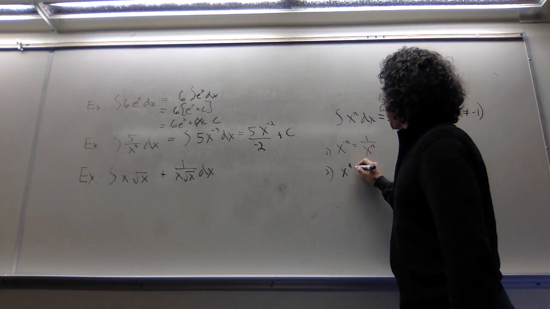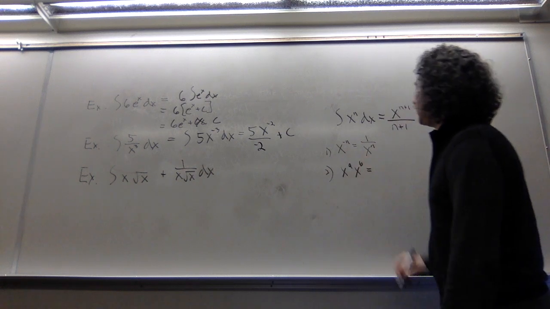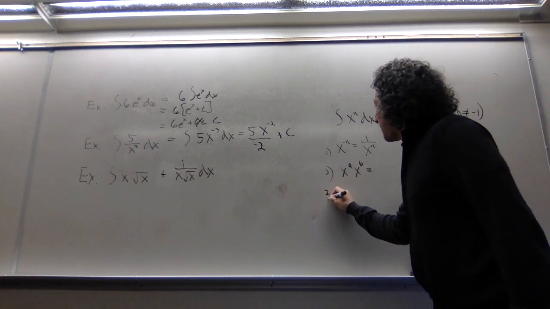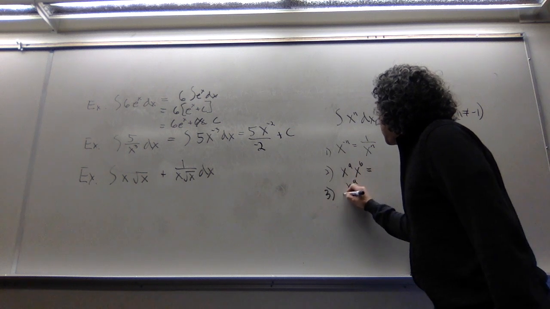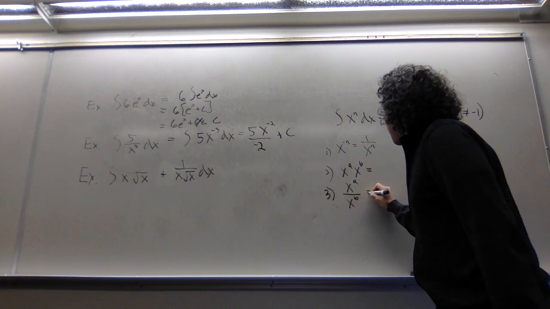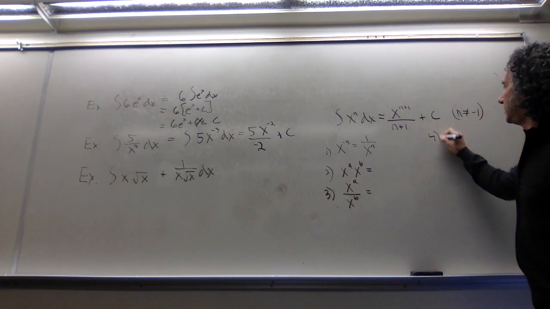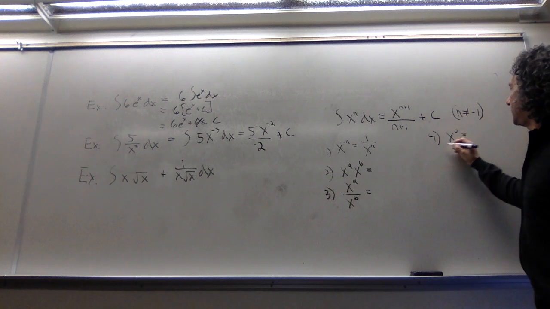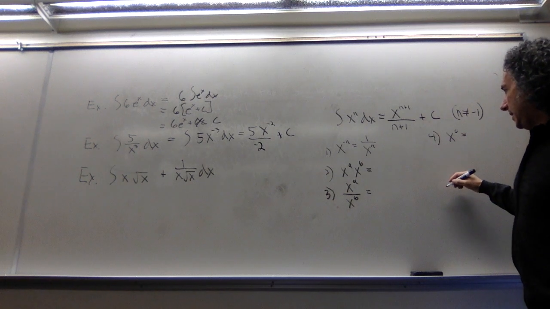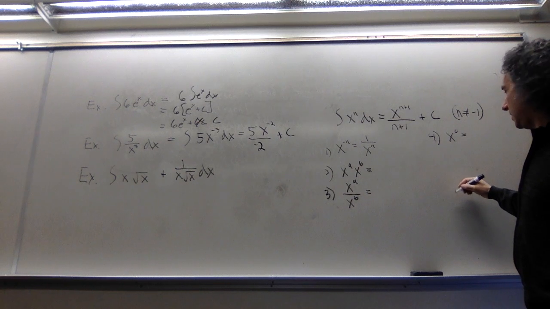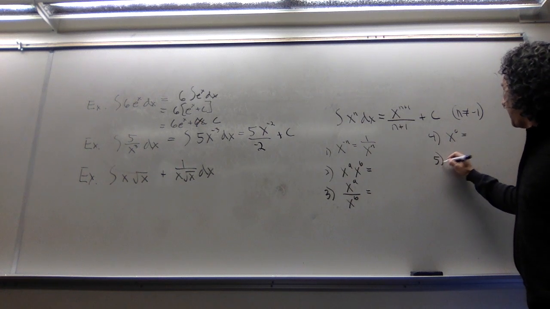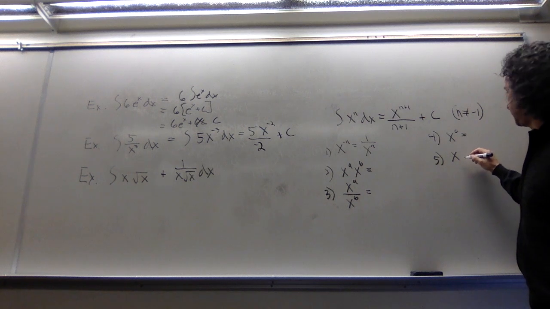X to the a times x to the b equals, actually I'm going to write them out without giving away the punchline. Let's see if you guys remember them. Those are good. And let's do 2 more.